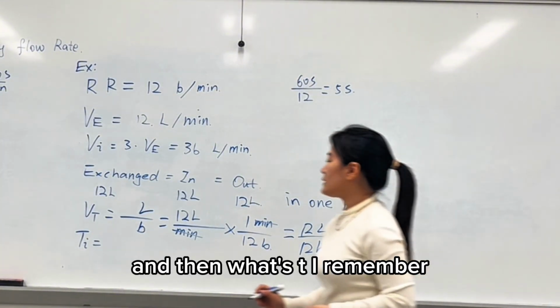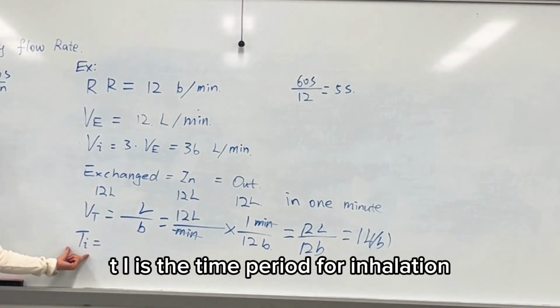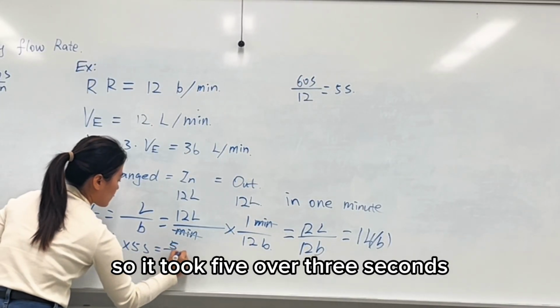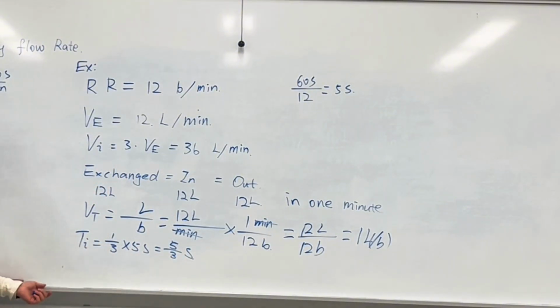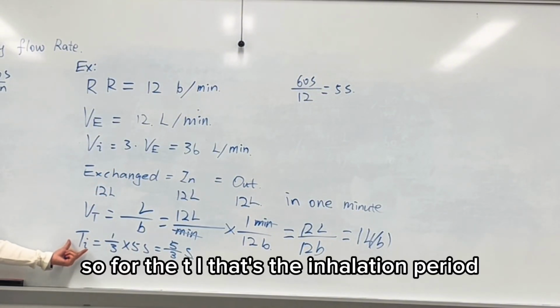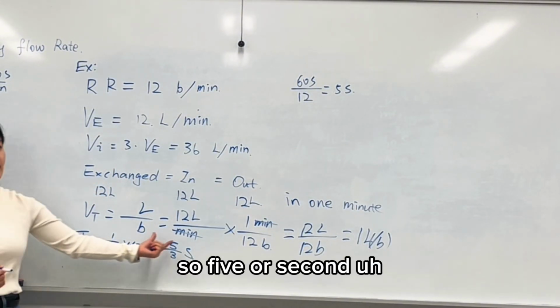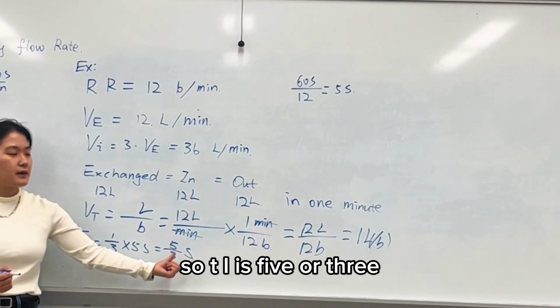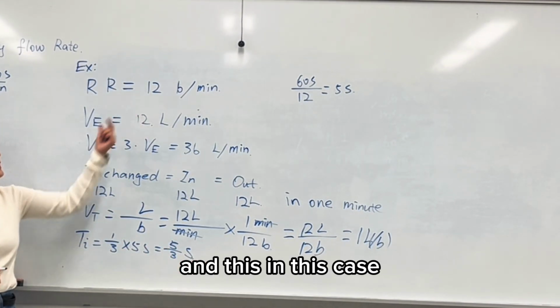And TI is the time period for inhalation, so that's 1/3 times 5 seconds. It takes 5 over 3 seconds. So TI, the inhalation period, is 5 over 3 seconds in this case.